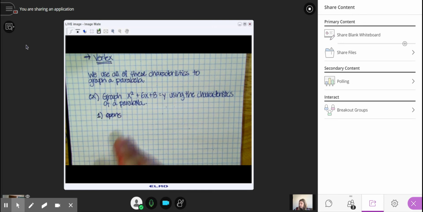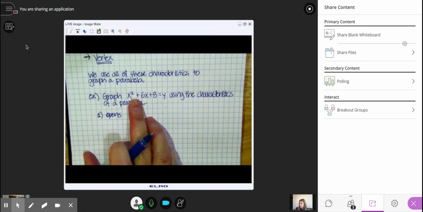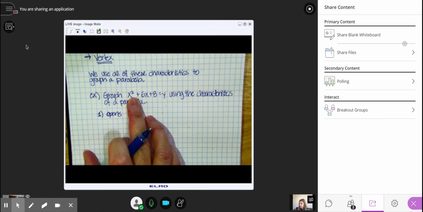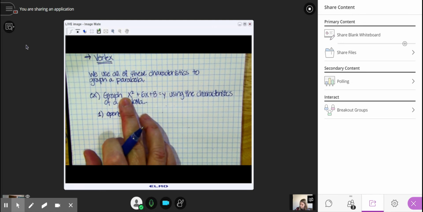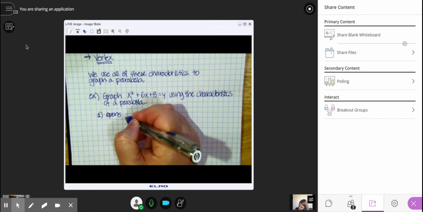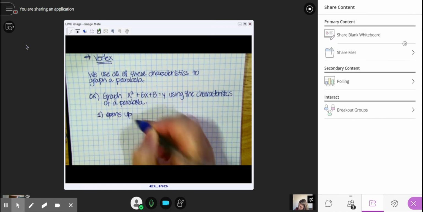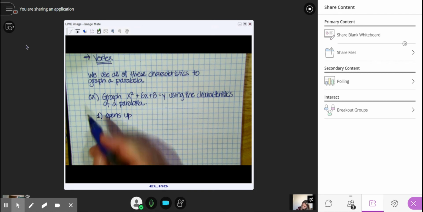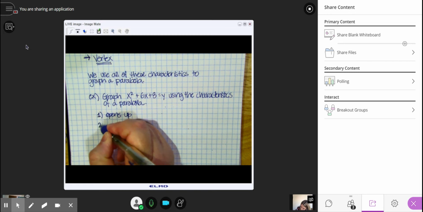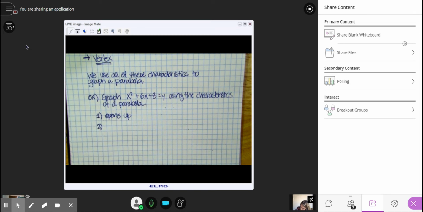Since we have x squared plus 6x plus 8, my leading coefficient is positive. So that means that this will open up. Remember, if your A is positive, it's going to open up. So I now know which direction it's going to go.